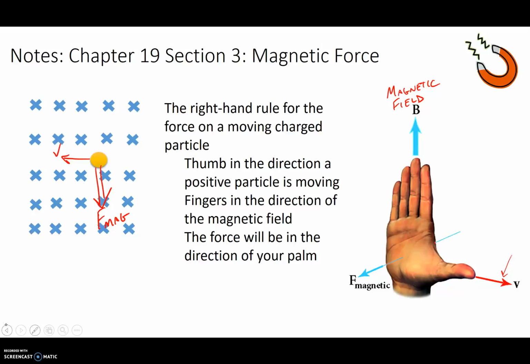One really important thing with this right-hand rule, obviously use your right hand, but if you cannot orient your hand in a fashion that actually allows for the right-hand rule to be used, meaning it's impossible to twist your hand in some crazy fashion to get it that way, there's no magnetic force. Or if you're trying to determine the velocity and it's impossible to figure it out, that means that the particle itself isn't actually moving.